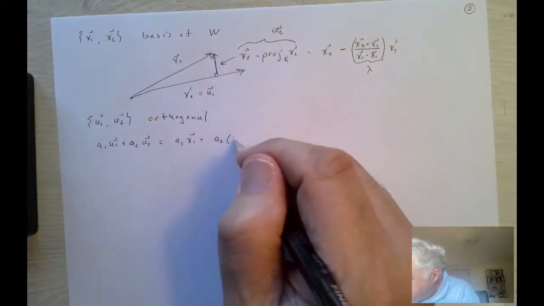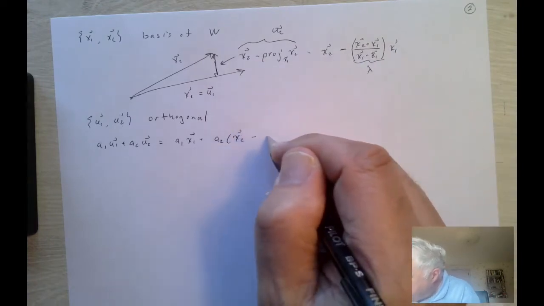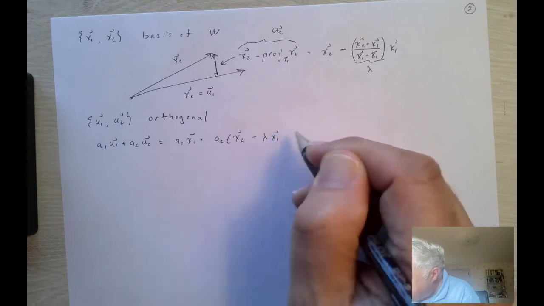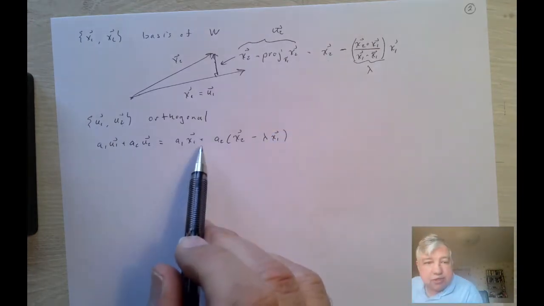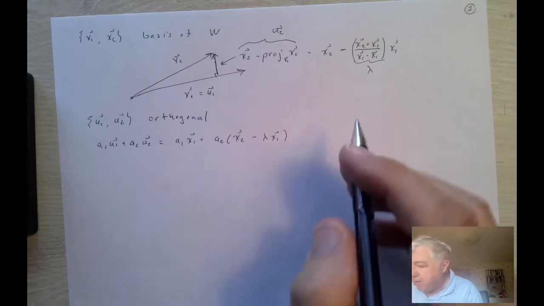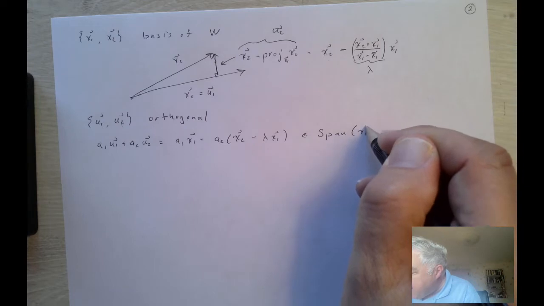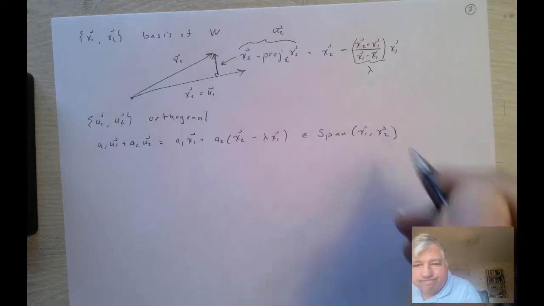So this will be x2 minus lambda x1, right? I can distribute and simplify, but this will clearly be a linear combination of x1 and x2. So that's it. This is definitely in the span of x1 and x2.